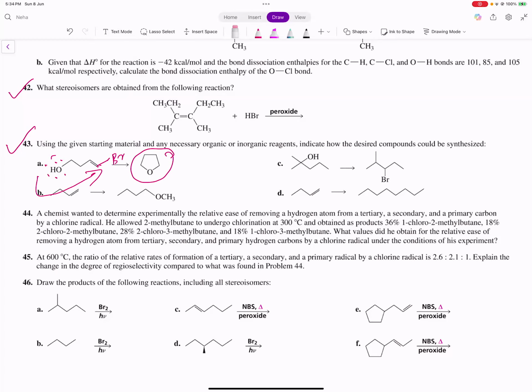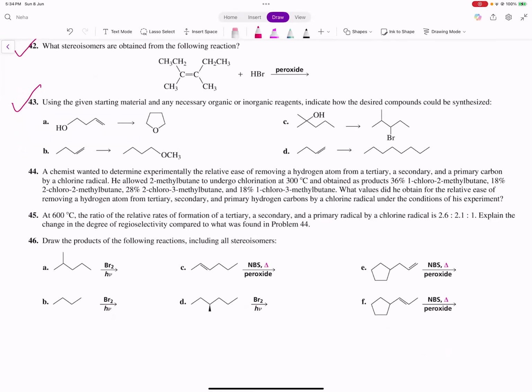We'll generate an alkoxide ion, right? Okay, this is homework. I'm not supposed to discuss this, but okay, this you have to do.